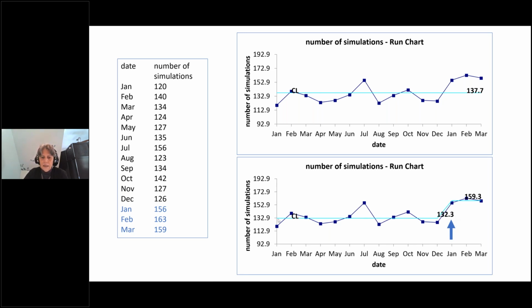And this run chart has a center line, which is the mean, the average. And when I told the computer that we had made a change here, it recalibrated and recalculated the average for the series.